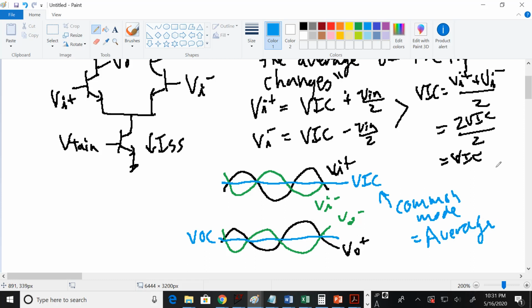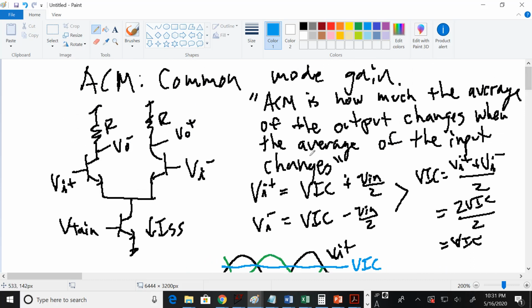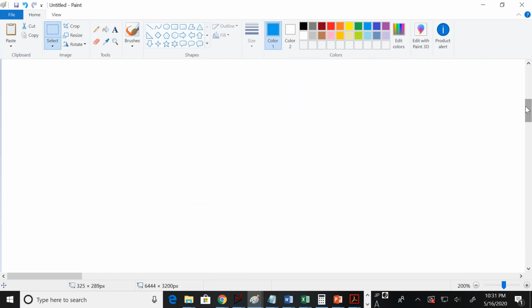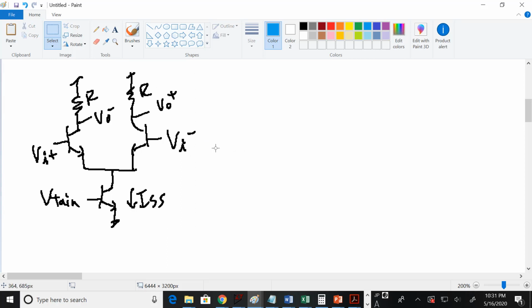Okay, so we've got all the terms defined here and the definition of ACM, but let's see what that means. ACM is when you change the average of the inputs, how much does the average of the output change?